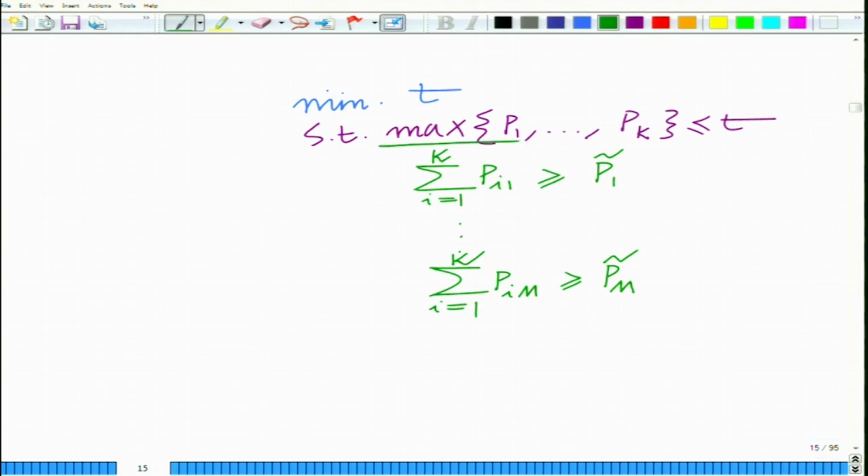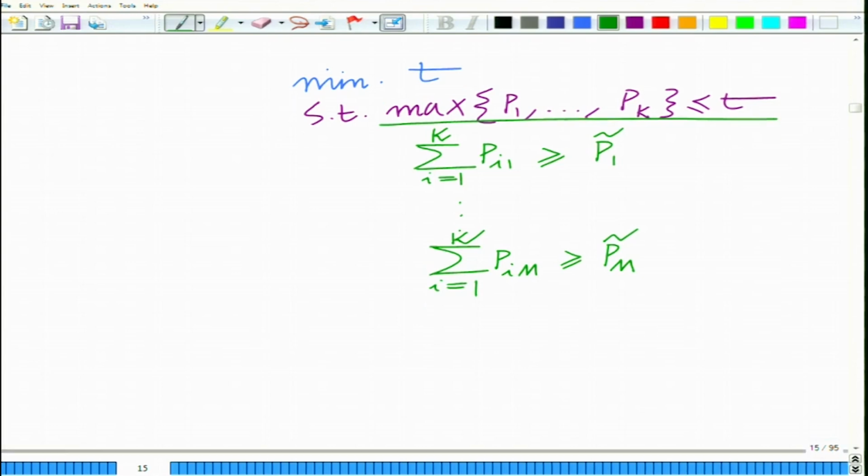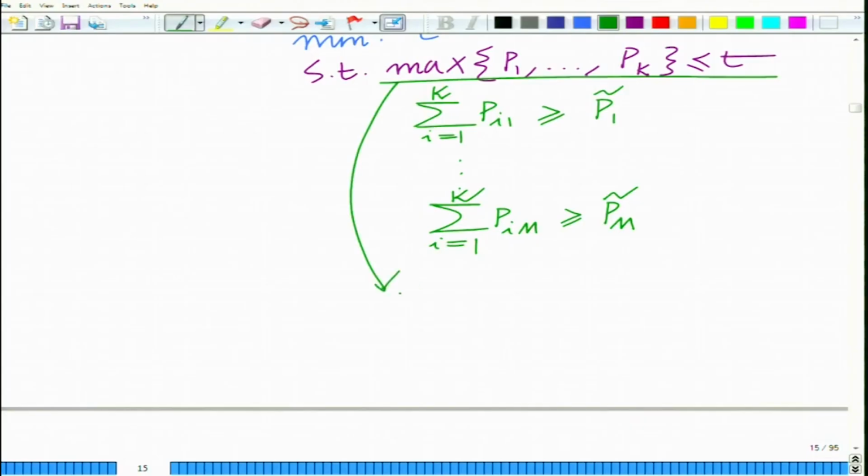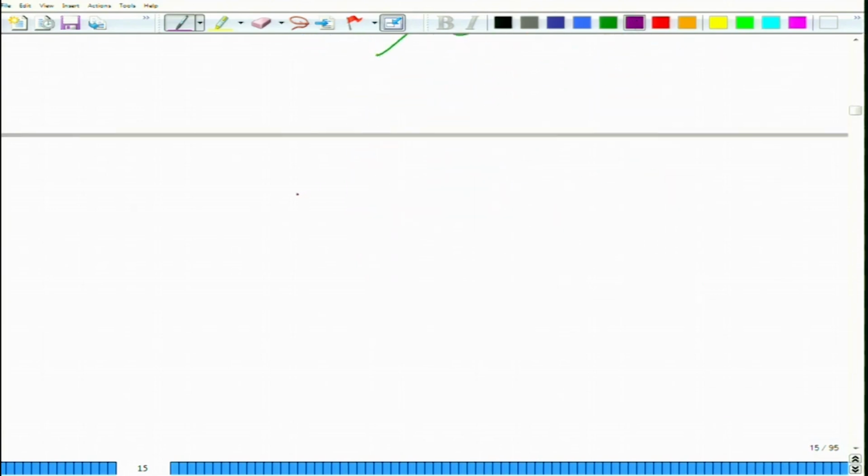Now, the maximum of P1, P2 up to Pk less than or equal to t: the maximum of a set of quantities is less than or equal to t if and only if each of these is less than or equal to t. So, this implies each Pi has to be less than or equal to t, and now I can write the equivalent optimization problem.